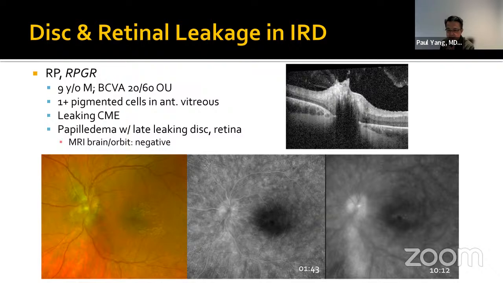Also leaking CME, and in this case, you will see on the fluorescein angiography leakage of the disc, and also leakage of the retina inferior to the disc. And you can see the OCT of the optic nerve, showing that it's kind of a full disc. To be sure, we did do an MRI brain and orbit, and that was negative for any other etiologies. So this is yet another possible sign of inflammation in RP.